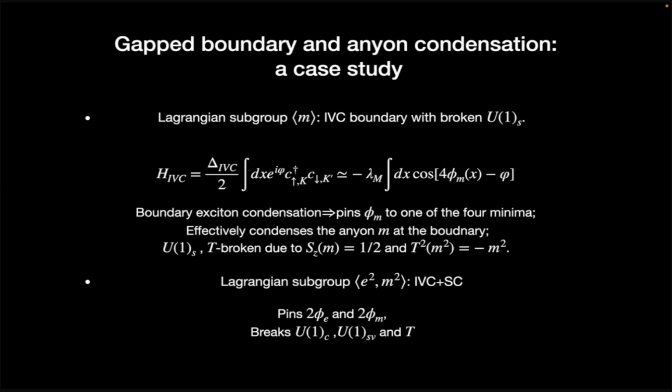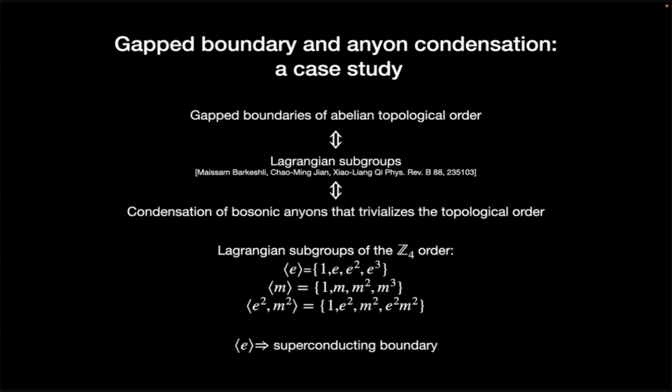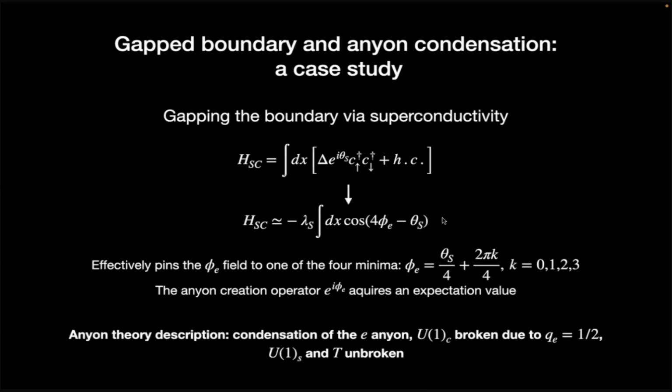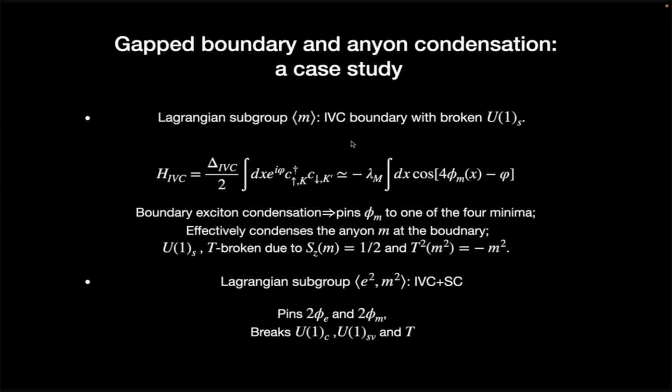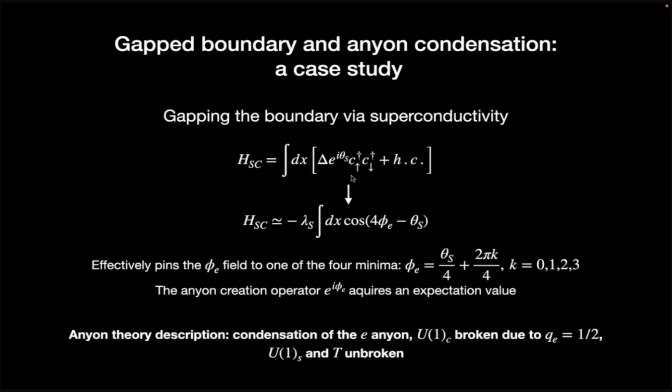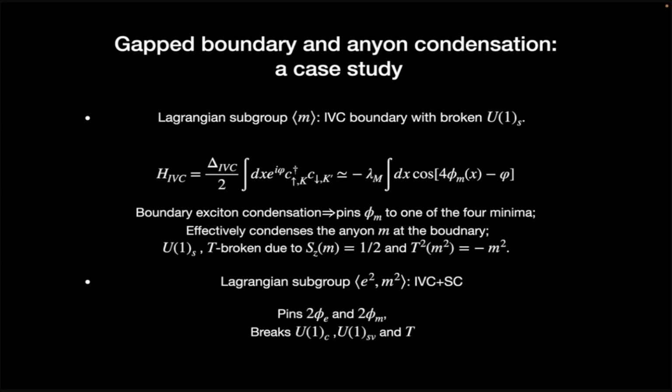It's still the same order parameter as for the E condensed boundary. It is the same, but now both the IVC order parameter and the superconducting order parameter are non-trivial. They have expectation values. E squared does not have fractional charge, but it has charge 1.